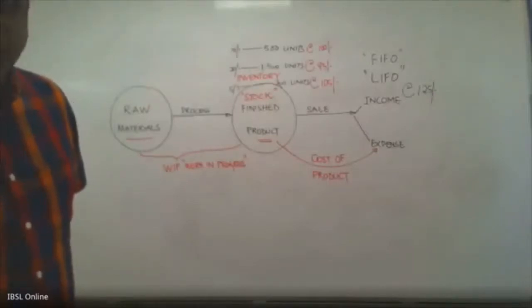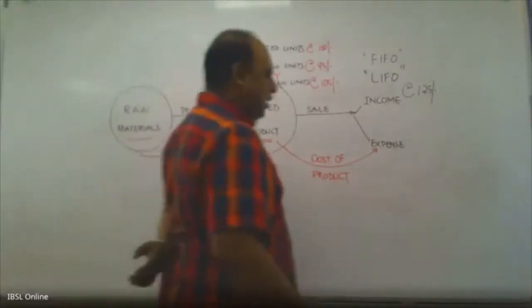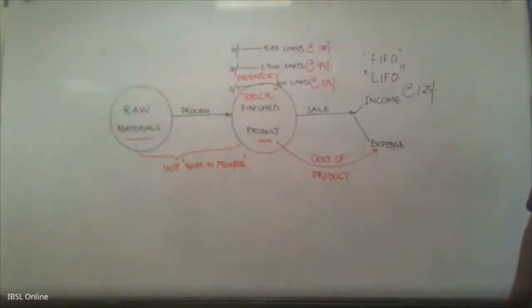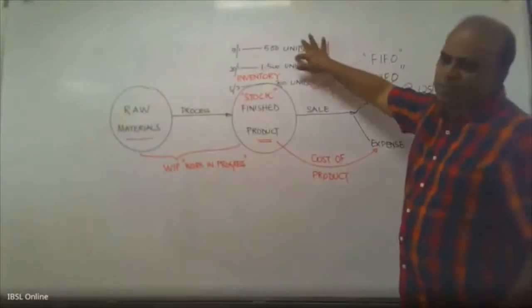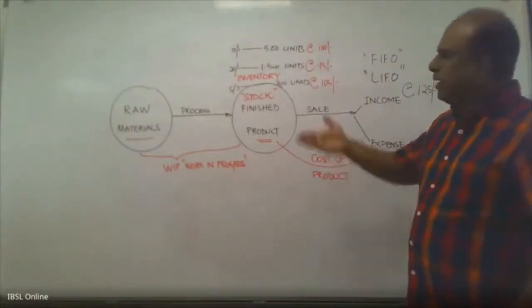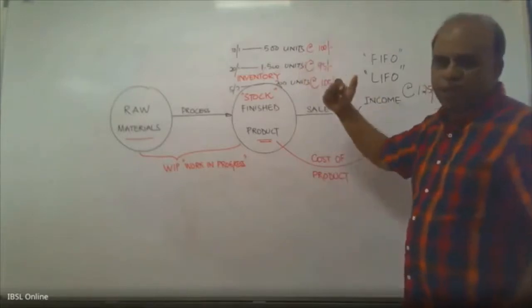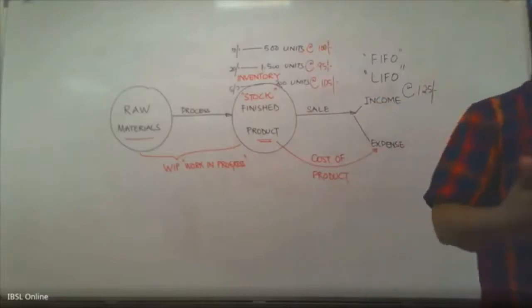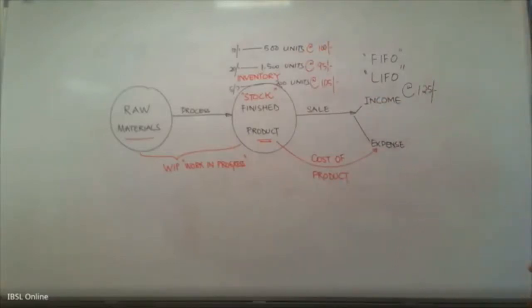What I mean by that is, if you use the LIFO method, that is last in, first out, what will happen to these units? They might get damaged, they might be stolen, or they might become obsolete, that is outdated. So that's why people don't prefer to use the LIFO method.